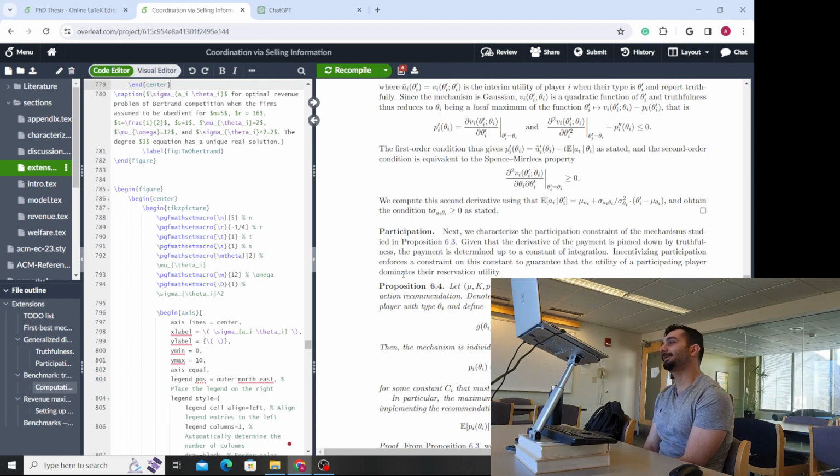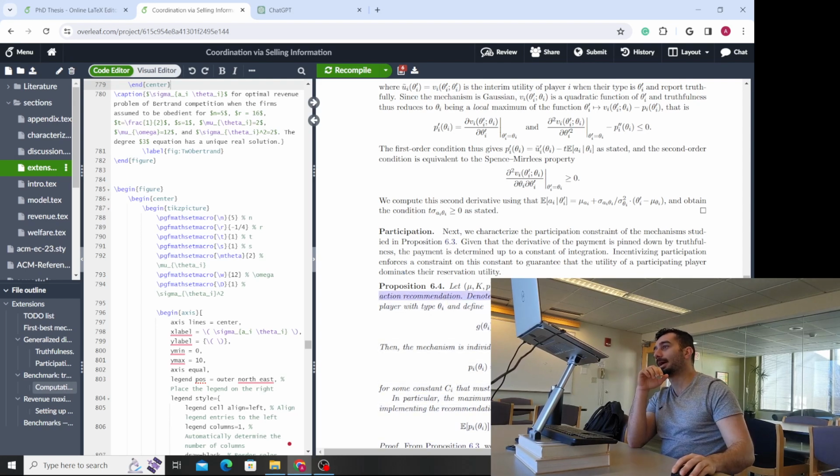The reservation utility. So when it says the players follow their action recommendation, it means that we don't have an obedience constraint. We assume players are obedient.